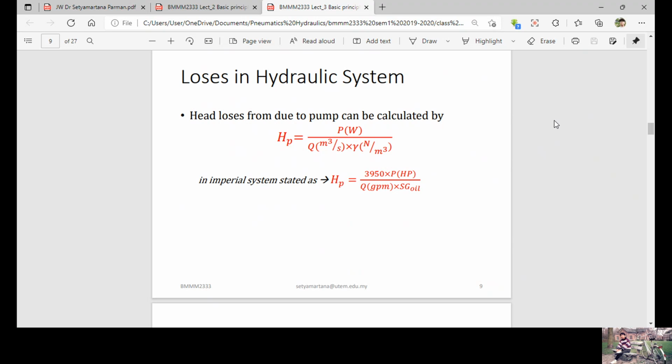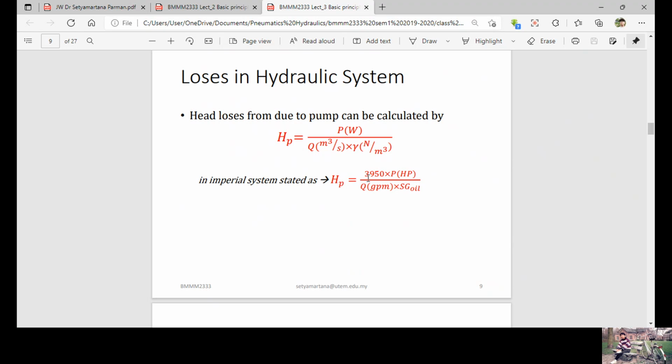So head from the pump can be calculated using this equation, where the pump power is in watts, Q is in meter cube per second, and gamma is in Newton per meter cube. In the imperial system, we can use this equation.